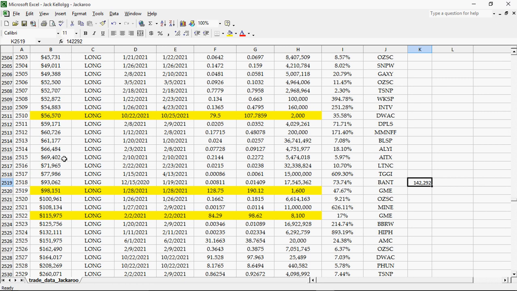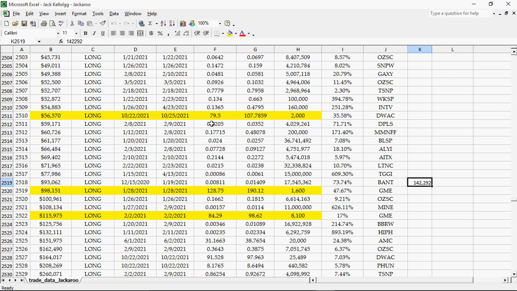Tim Sykes is old, but he's richer than Tim Sykes, and he overthrew Tim Sykes. And this is because he's open-minded. He said, I'm gonna disobey what Tim Sykes says, and I'm gonna trade stocks at $84, $128, $79. And look at the results.